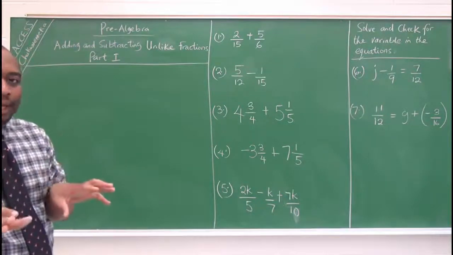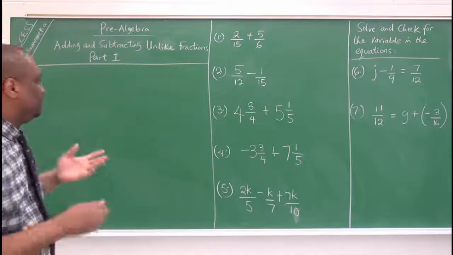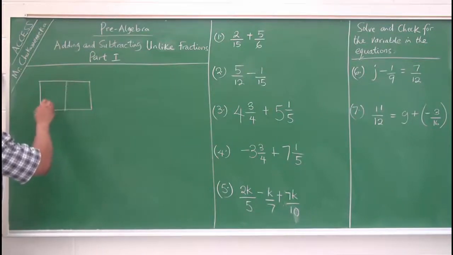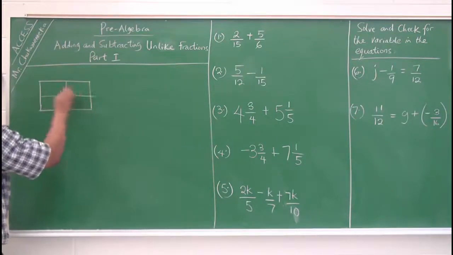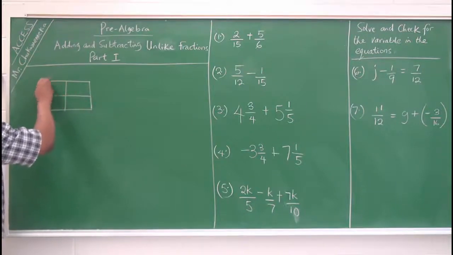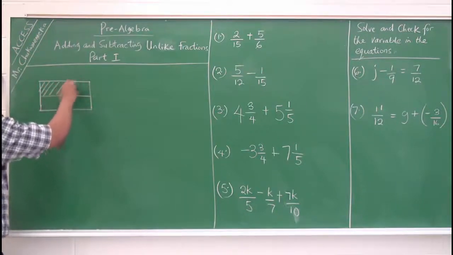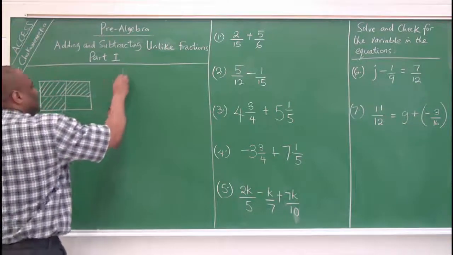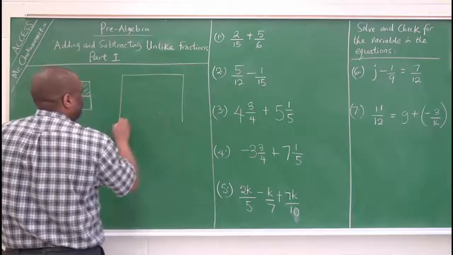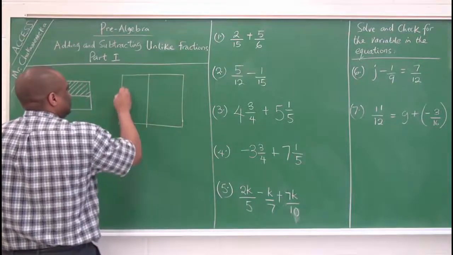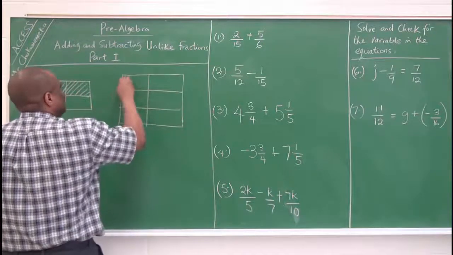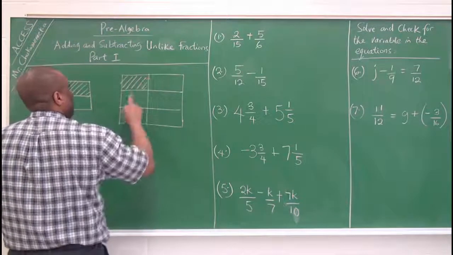We cannot do it directly because of this. Recall, in the previous video, we talked about a land that is divided into 4 plots, right? So let's say that this is 3 out of 4 plots. And then in this case now, let's have 6, and let's say that this is 1 out of 6.